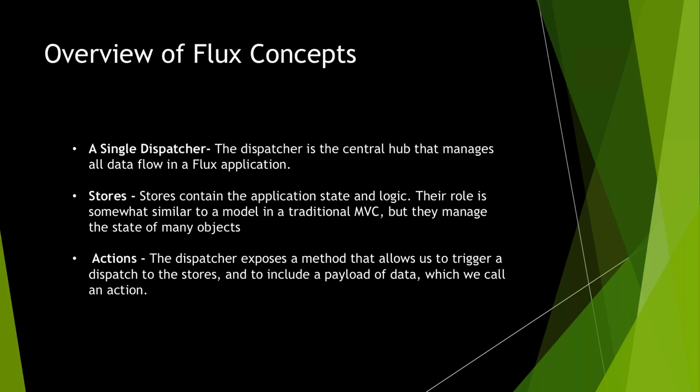You pass that information in actions, and the action will pass it to the dispatcher. The dispatcher will pass it to the store, and then the store will pass it to the respective view. Okay, this is the kind of structure that works for Flux.